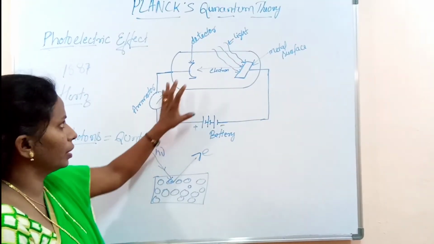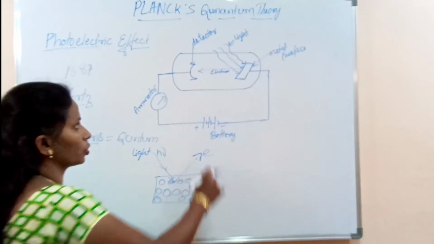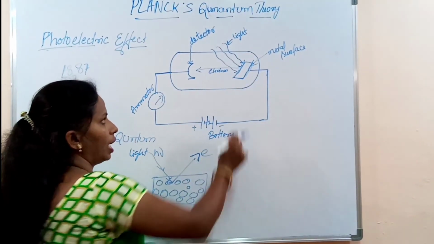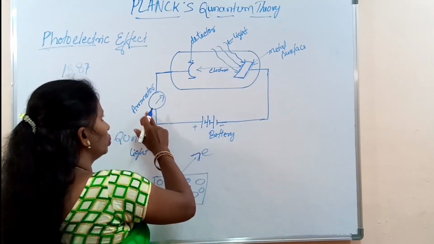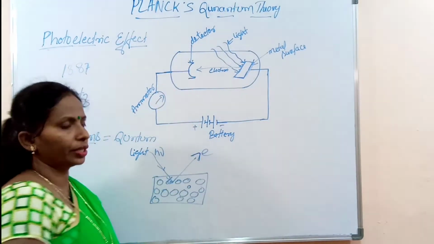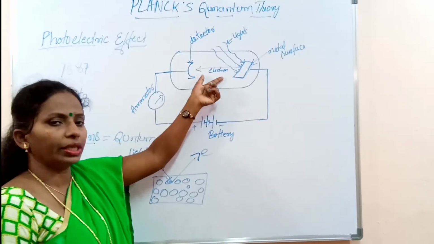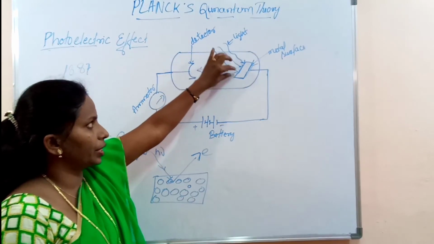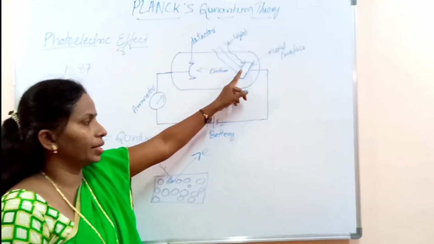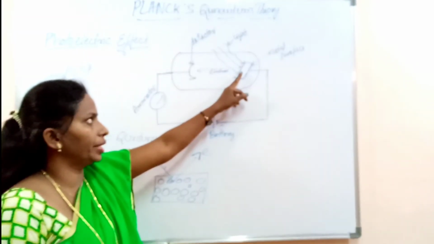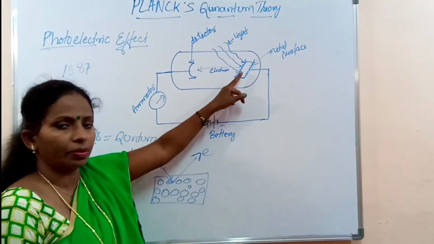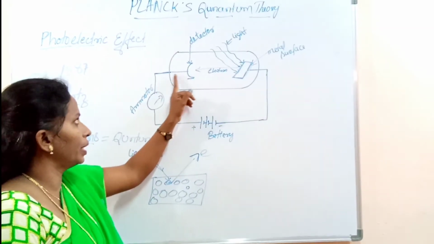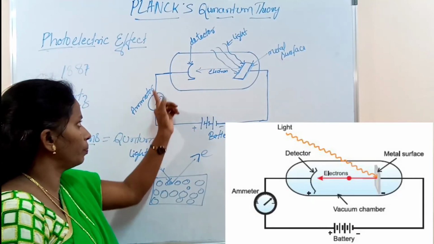For that, he constructed an experiment. Here they kept a metal plate and connected it to a battery, and through an ammeter to a detector. The detector identifies the ejection of an electron from the metal surface. They allowed the radiation to be incident on the metal surface. As soon as light with energy hν is incident on the metal surface, an electron is ejected and passes through the circuit.